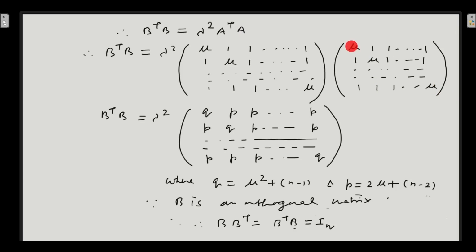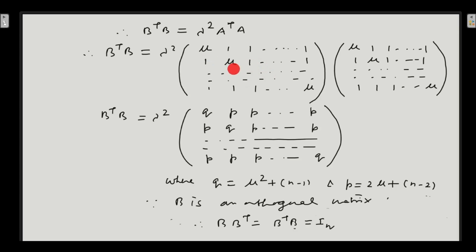Also it is given that all the elements at the diagonal are equal and equal to mu, and all the non-diagonal elements are equal to 1. Now let us take its transpose. Clearly its transpose will be equal to A itself.